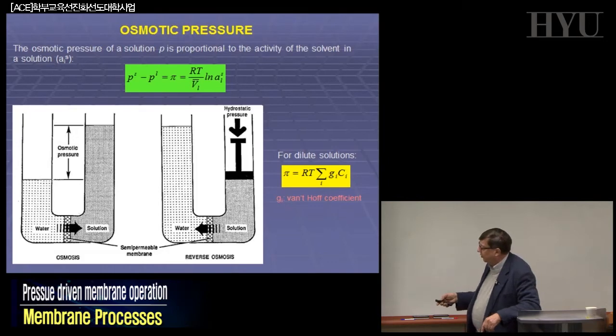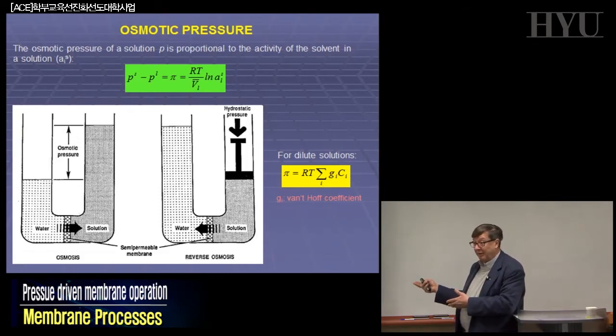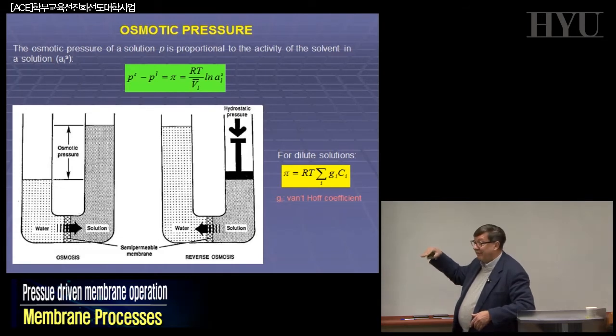If you want to observe this, here you have a selective membrane, and in osmosis you have water on one side and solution on the other side. The strange phenomenon you observe, if you are not familiar with what is happening, is that the level on the sea side, the concentrated side, is growing.